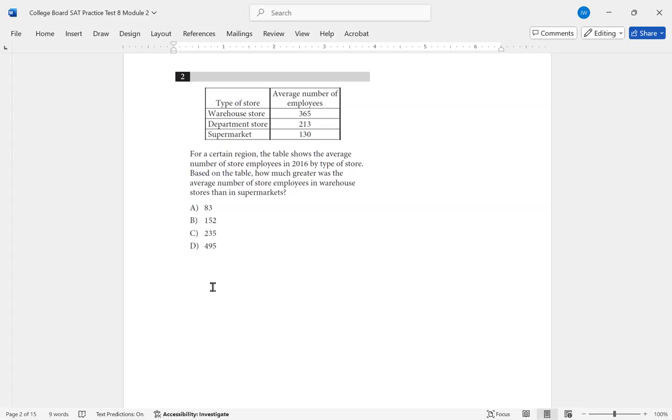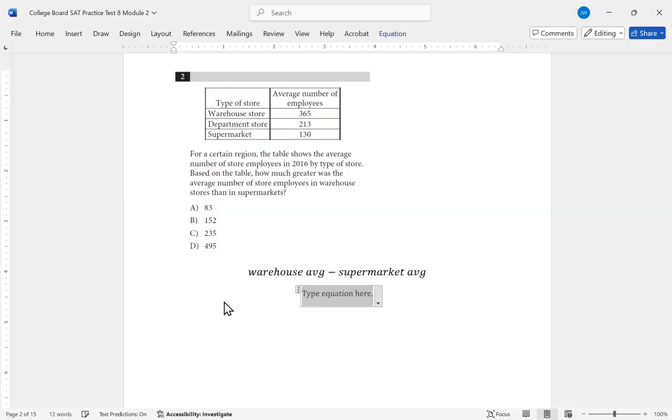So we're going to figure out how much greater one was than the other. This is going to cause us to do subtraction. So we're going to have warehouse average minus the supermarket average. I'll just put AVG for average.